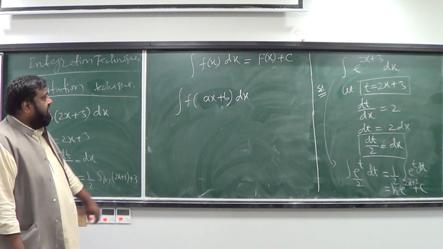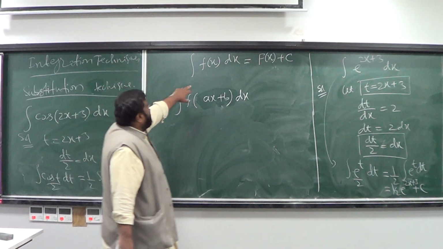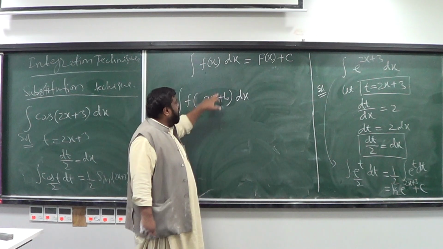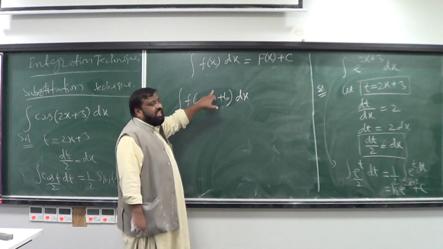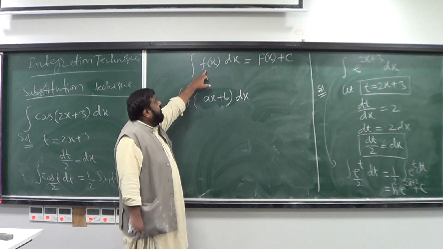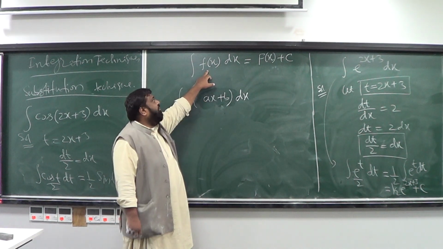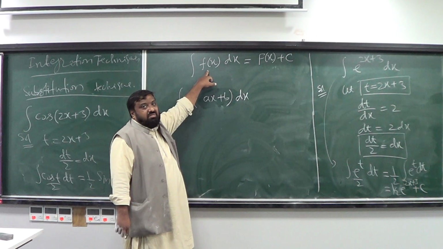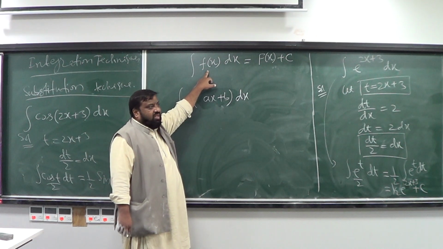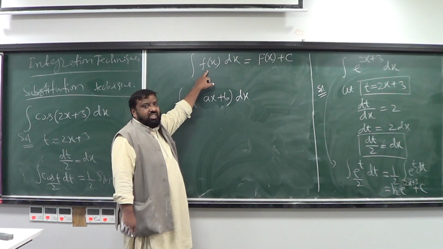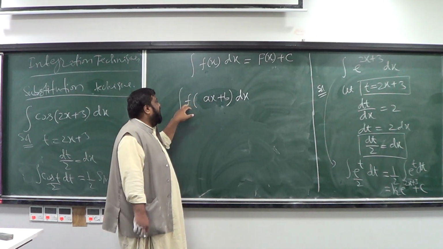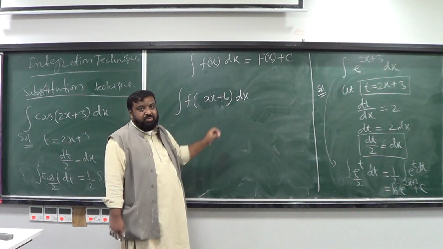So, in other words, your f of x could be e to the x, so you're talking about e to the ax plus b. If your f of x is sine x, sine of ax plus b. If your f of x is, say, cosecant square x, this is cosecant square of ax plus b.